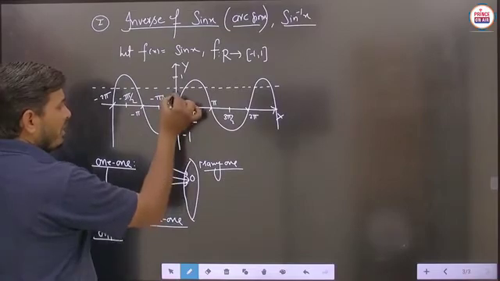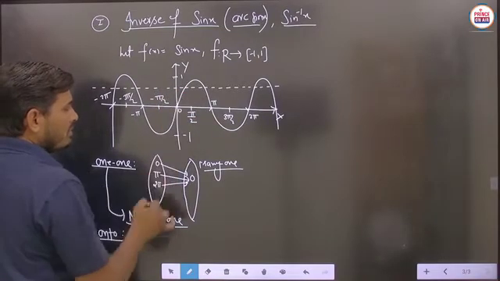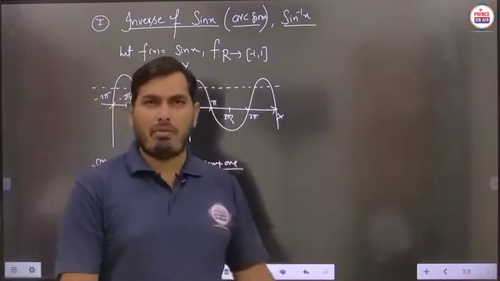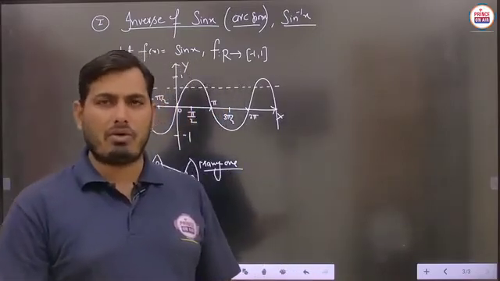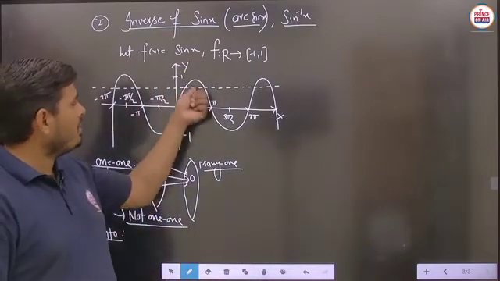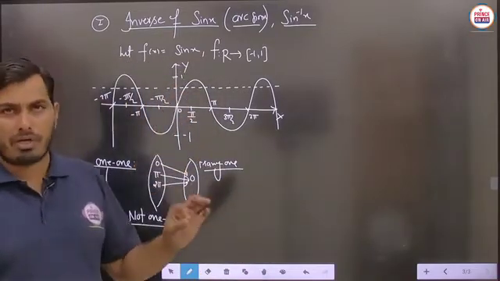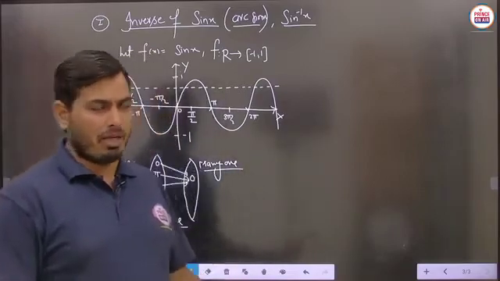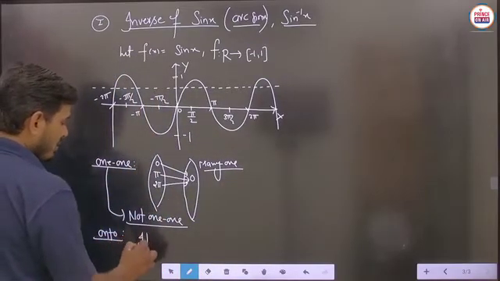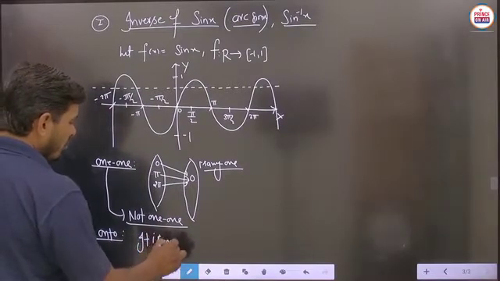Suppose you take any value anywhere between -1 to +1, then definitely the graph will be available on the left hand side. Graph available means you can take the corresponding value on the x-axis, which means for each and every codomain value the pre-image will exist in the domain, because the graph is continuous here. So it is onto, no problem in the onto, but there is a problem in the 1-1.